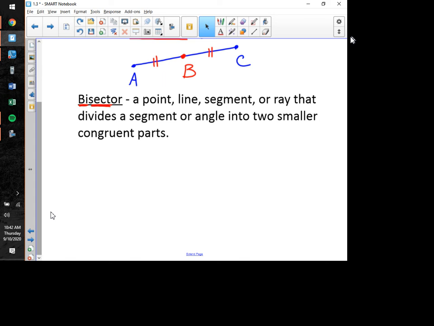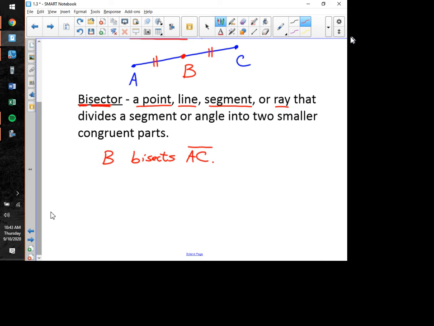All right, so a bisector can be multiple things. It can be a point, it can be a line, a segment, or a ray, but what's really important is what it does. It divides a segment or an angle, we'll get to that later in this chapter, into two smaller congruent parts, excuse me. So what we could say, back to this diagram, is that B bisects line segment AC.